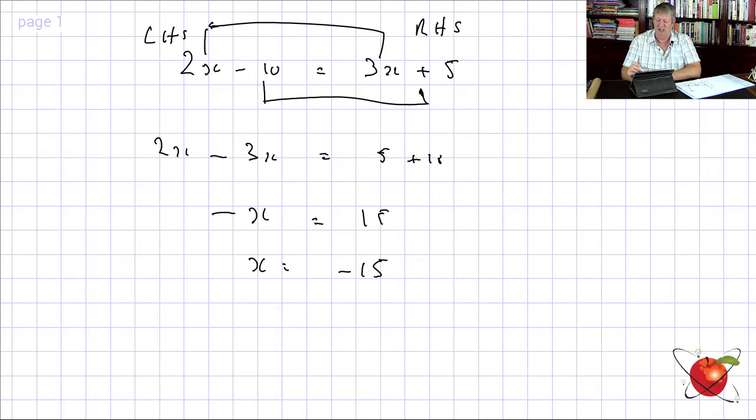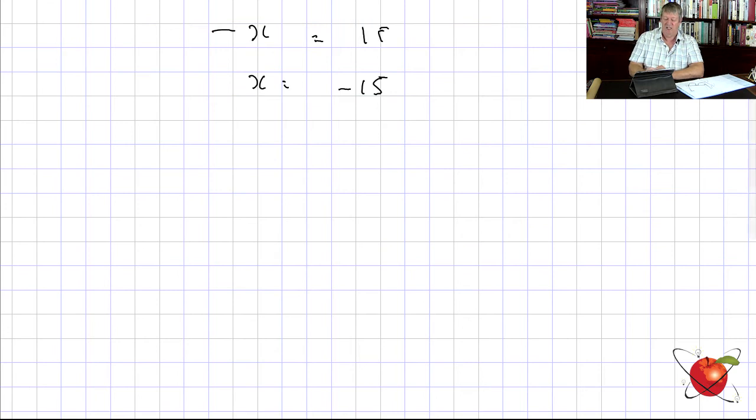Let's have a look at one involving a fraction, for example. Let's say we had 3x over 4 equal to a half x plus 3 minus 6. Now, let's see what happens here.